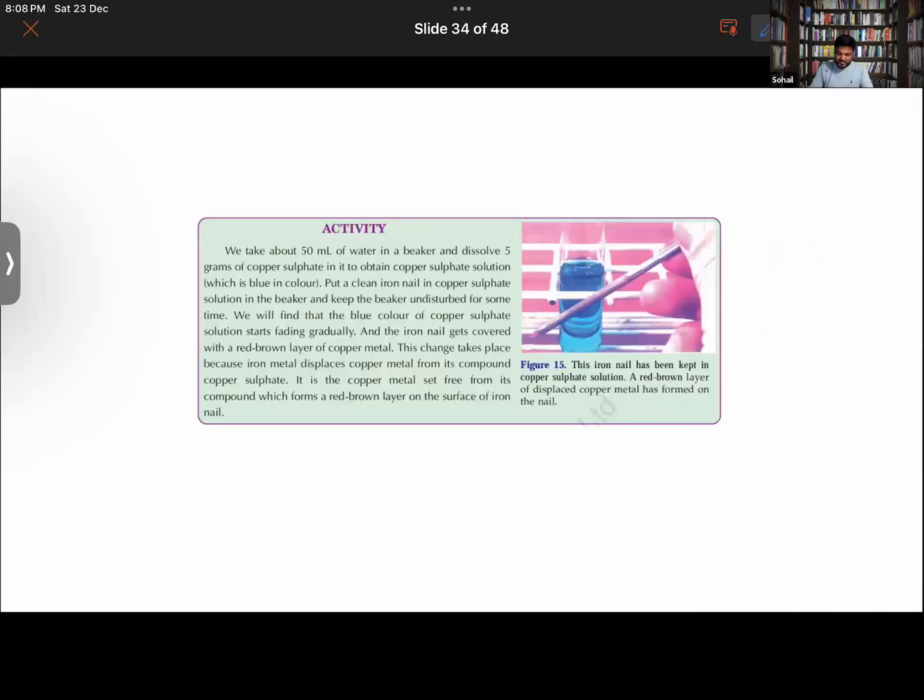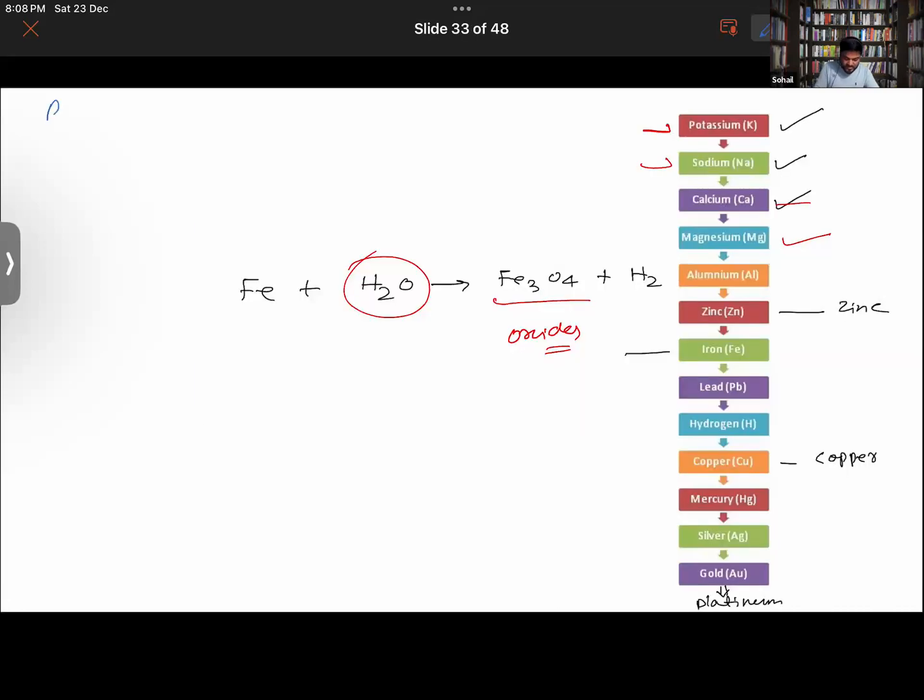So reactivity series of metals, we are going to talk about this thing now. So in the reactivity series, basically the metals have been arranged in a vertical column. Okay. And they are arranged in the order of their decreasing reactivities. ठीक है ना?